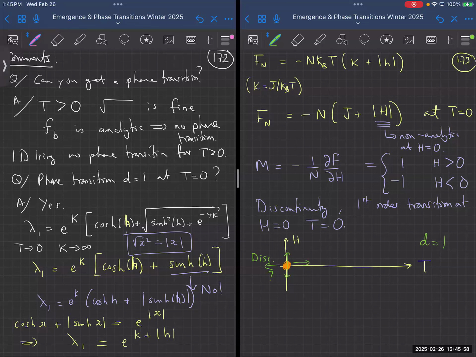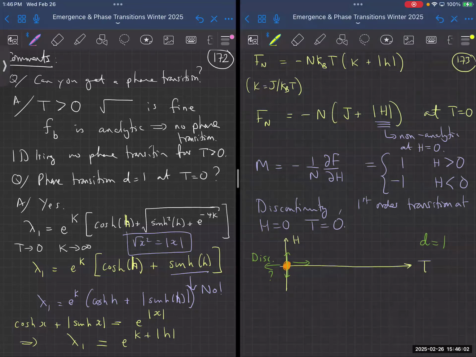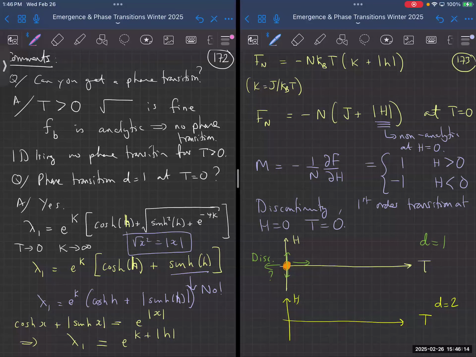Now compare this with d equals 2. The only thing that's different in d equals 2 is that this point that was here has now moved up to here.